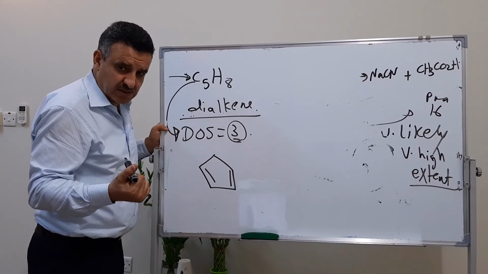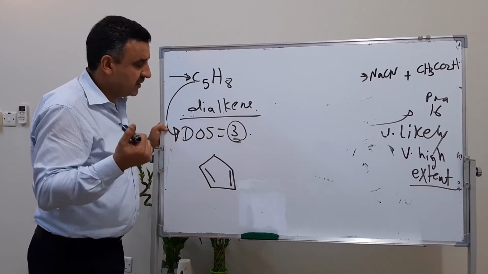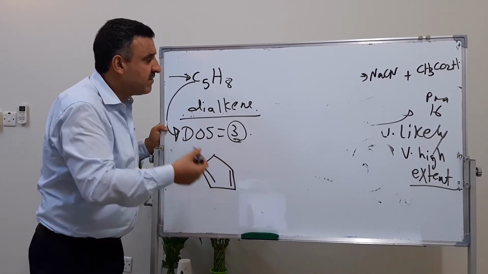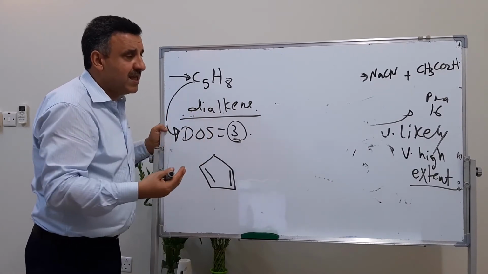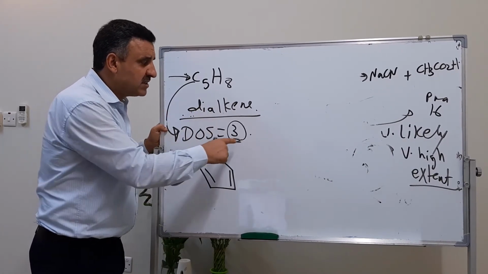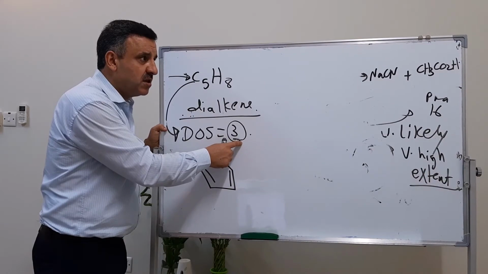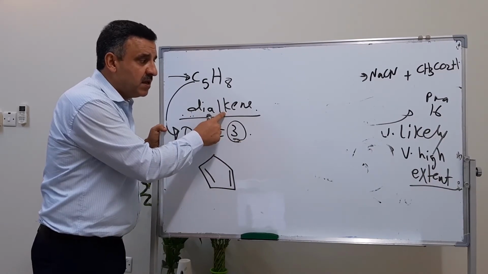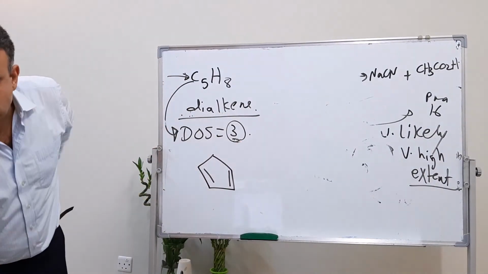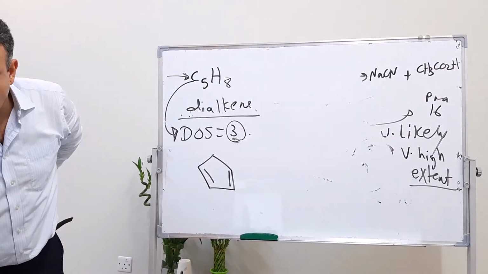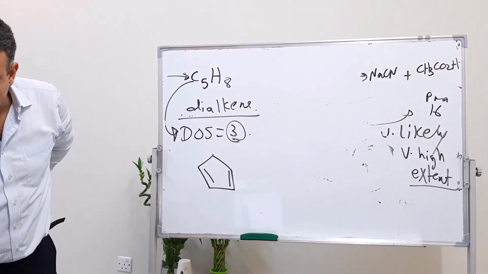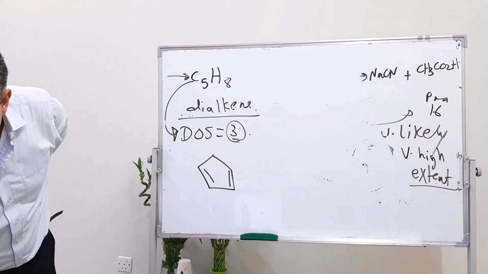Is that true or not? Yes. So what does that mean? You want to draw a structure which has 3 degrees of unsaturation. 2 of them are alkene. Then the third must be a cycle, otherwise you will be lost and you don't know what to draw. Do you follow me? Yes.